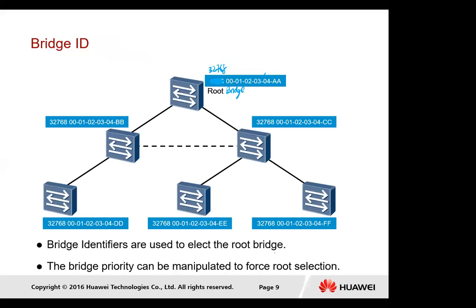When the priorities are the same, they will select the smallest MAC address. Okay, 0304AA, BB, CC, DD, EEFF. AA is still the smallest. So that is how they define it based on the bridge ID. So this will still become the root bridge when they compare the bridge ID information. And when you modify the priorities, they need to be defined.